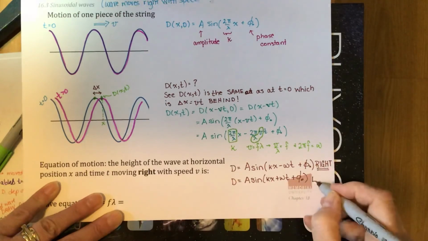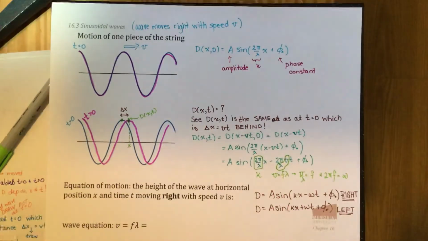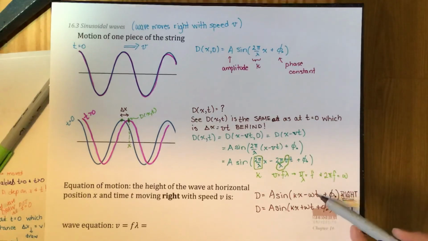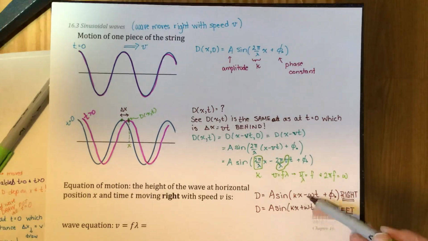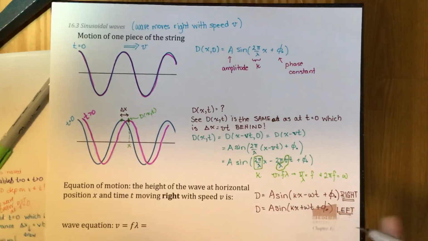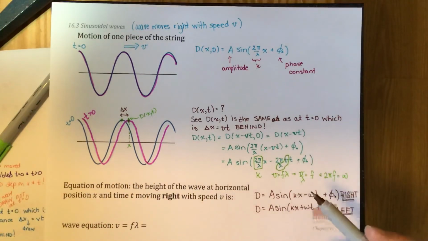There would be our equation for a wave moving to the left. So if I ask for the equation of motion for a traveling wave, what I'm asking for is this equation, and you'd have to be careful with your plus and minus here. Minus means the wave is moving to the right, and plus means the wave is moving to the left. So there's our equation for our traveling wave.